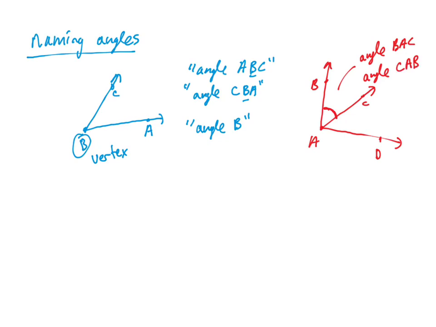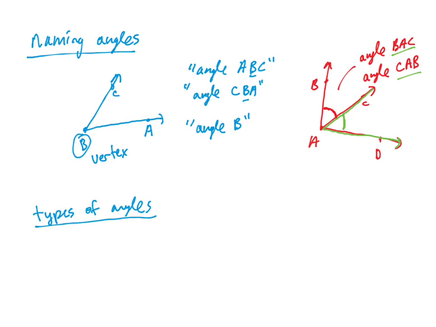We wouldn't want to call that angle A because A is the vertex of 2 different angles. It's the vertex of BAC, that first angle we were talking about, but it's also the vertex of this angle. So in this case, when we have 2 angles we're talking about, we want to be sure to use 3 letters to describe that angle.